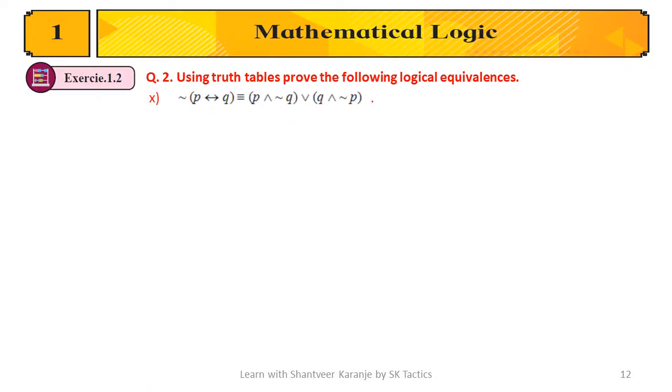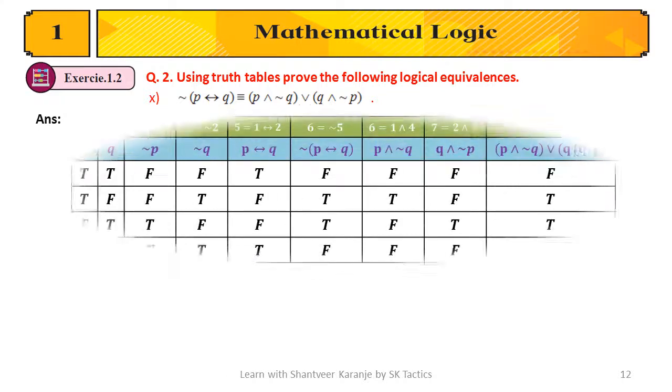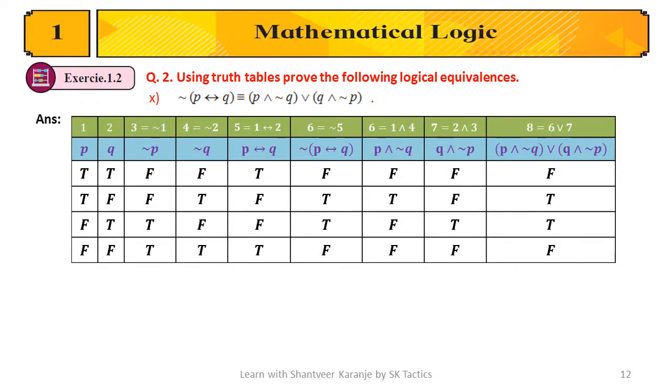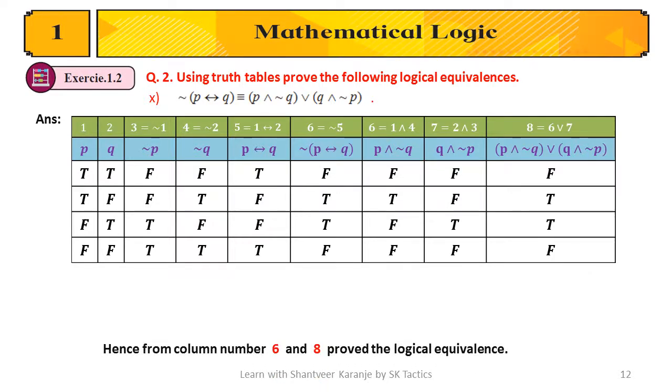In the 10th question, the left hand side is negation of P implies Q, and the right hand side is P and negation of Q or Q and negation of P. So the answer of this question is with only 4 possible outcomes, because this question contains only 2 components, P and Q. So friends, here column number 6 and column number 8 are both identical, hence the logical equivalence is proved.